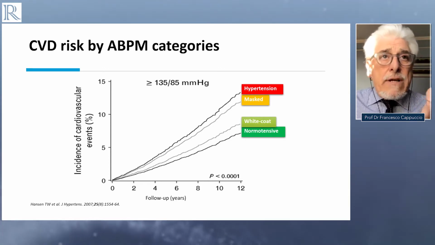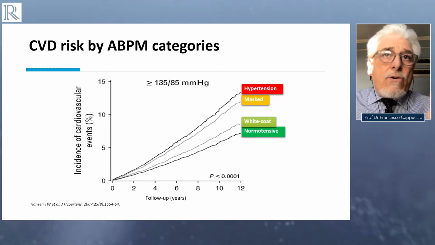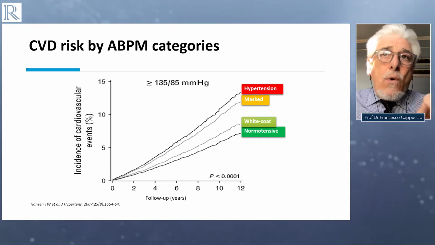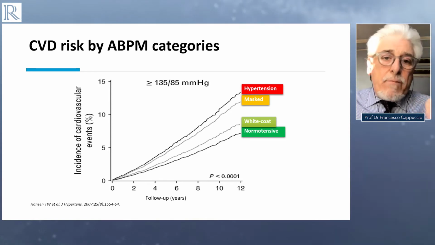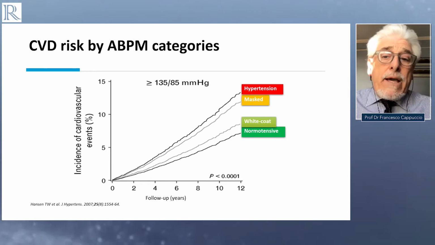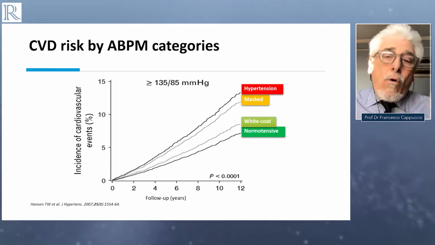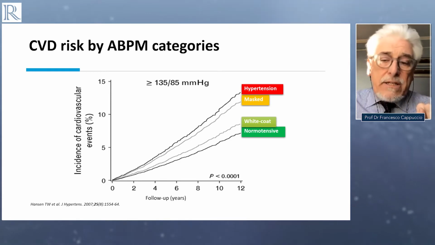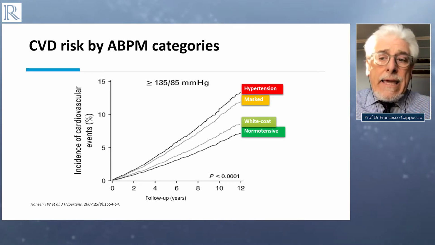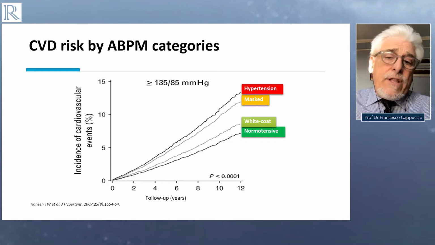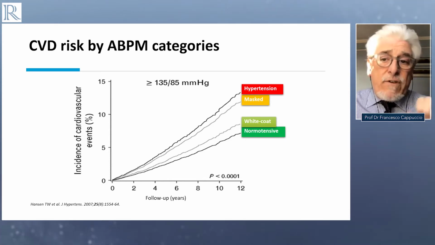Hence, the new guidelines now require confirmation of the diagnosis of hypertension with out-of-office blood pressure readings, which will be obtained either by running a 24-hour ambulatory blood pressure monitoring device, or in the alternative for primary care, home blood pressure readings run with a specific protocol of several readings throughout the day.